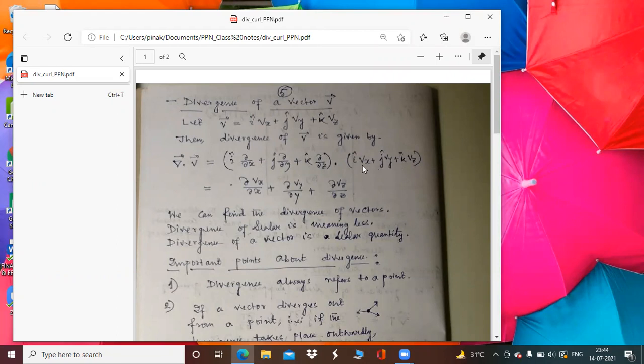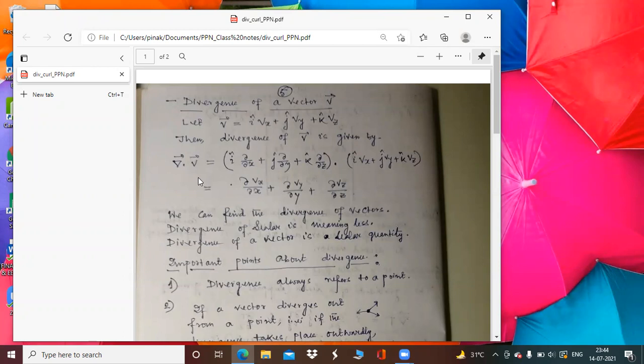That is, here in place of v bar we are writing the Cartesian component expression of v bar. And if you find this dot product, you'll have del vx del x plus del vy del y plus del vz del z. So this is the expression for divergence of a vector v bar.